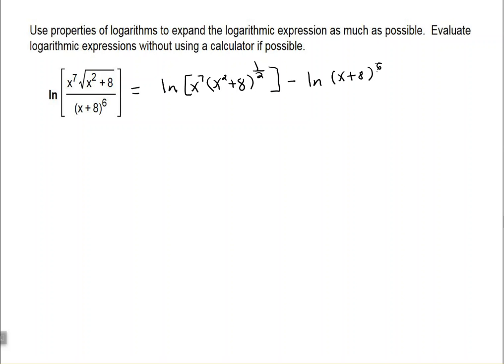Okay, now the next thing I'm going to do is to look at this first natural log there and separate that again, because I have x to the 7th times x squared plus 8 to the 1/2, so separate it by using the product rule. Okay, and then the final step, we have those exponents and we want to pull those down in front of the natural logs by using the power rule.